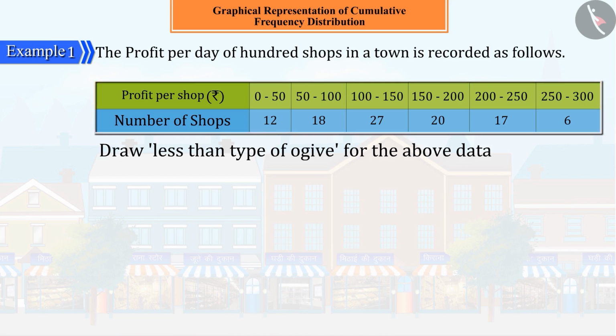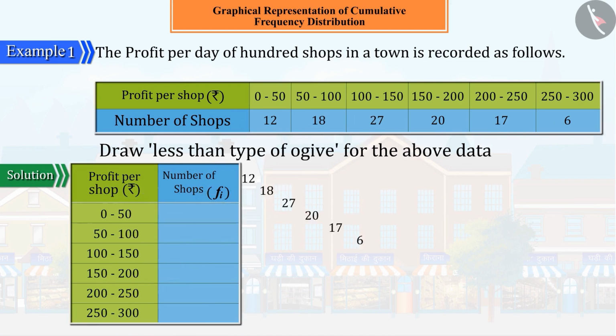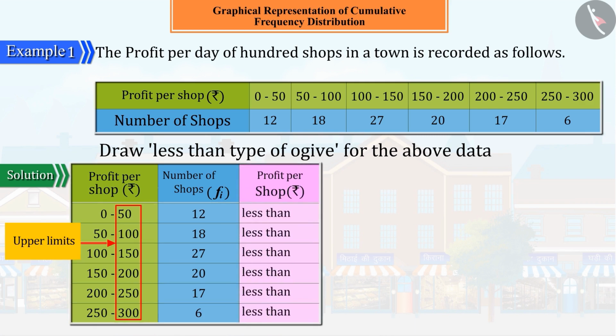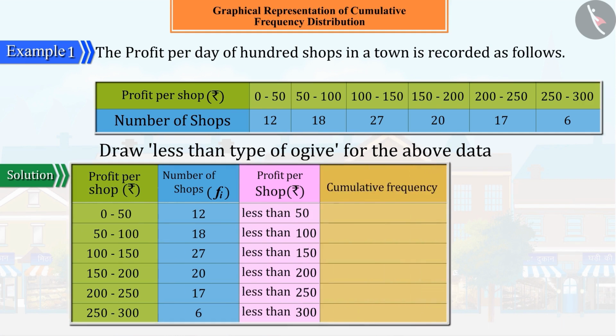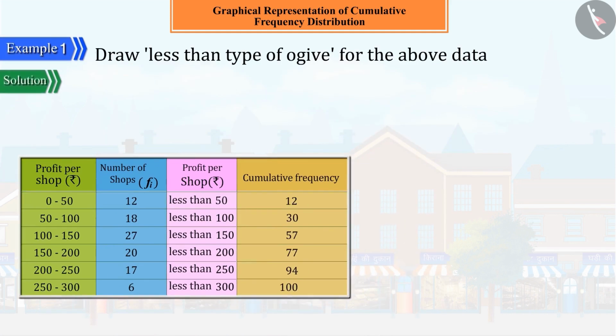Let's see. We know that to get the ogive in the given distribution, we need to create the cumulative frequency distribution for less than type of ogive. Here you can see that 50, 100, 150, 200, 250 and 300 are the upper limits of the corresponding class intervals.